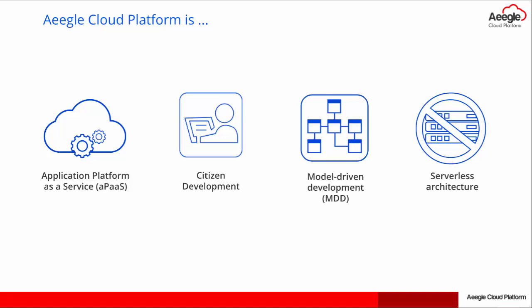They can relate to each other. And then Aeegle Cloud Platform is a serverless architecture. That means that you don't have to worry about complex infrastructure or maintenance or support in your data center. All the processes run secure in the Google infrastructure. So that is what serverless architecture means.